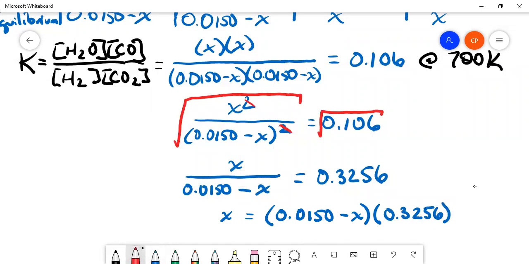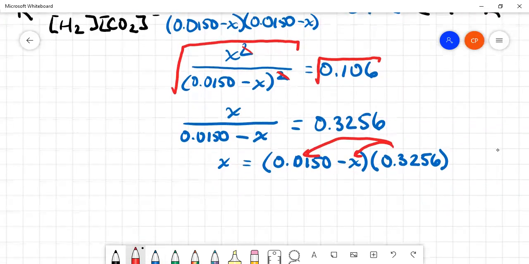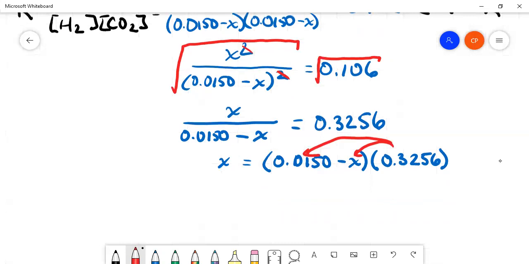And hey, we can actually factor this in like so. 0.3256 times 0.0150 is going to get me a really, really tiny number.